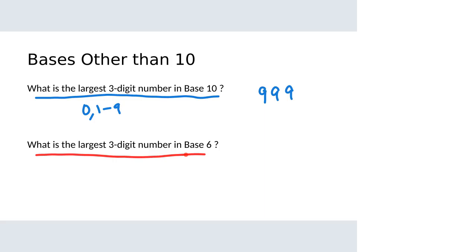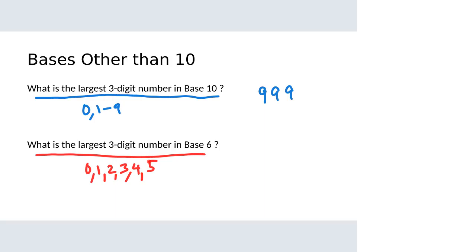That's awesome. It might be helpful here to think, well, in base 6, our numbers would be 0, 1, 2, 3, 4, and 5. In a base 6 system, there are 6 digits that we can work with.